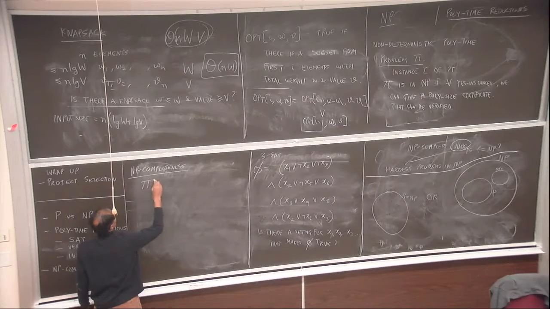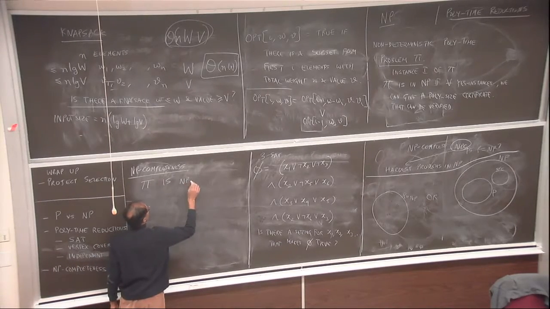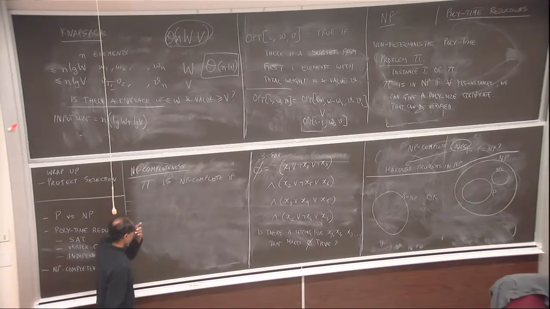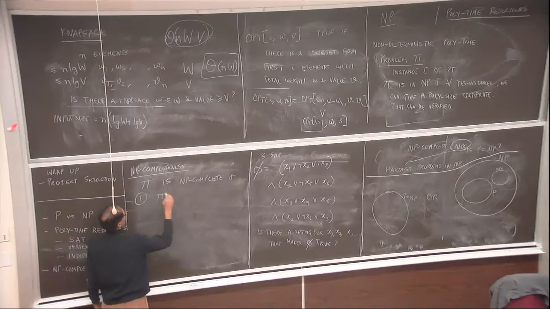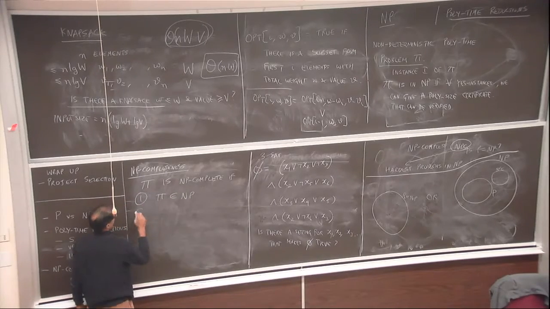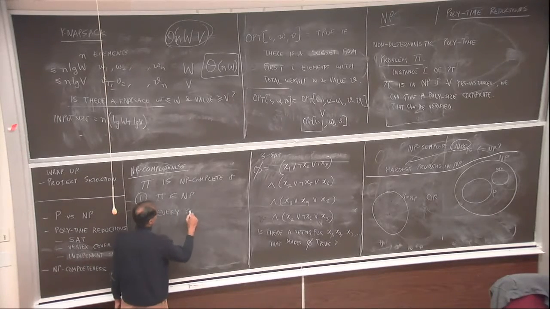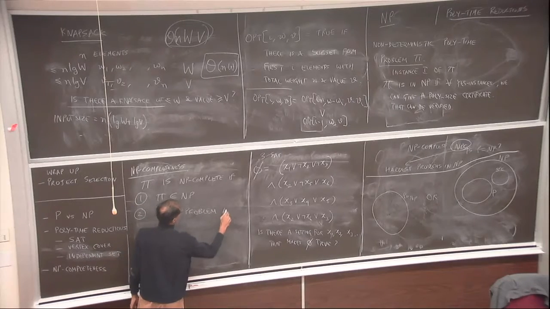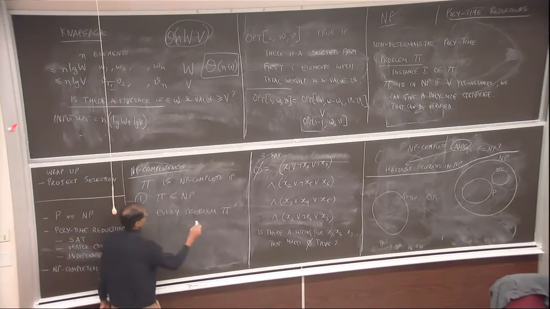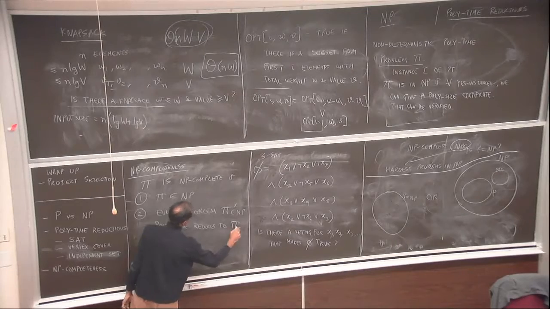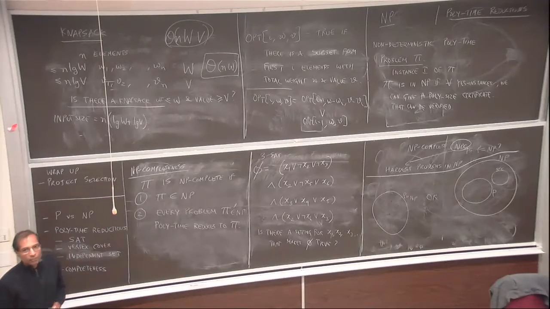So Pi is complete if two conditions: Pi should be in NP, and the second condition is every problem Pi prime in NP reduces to Pi.